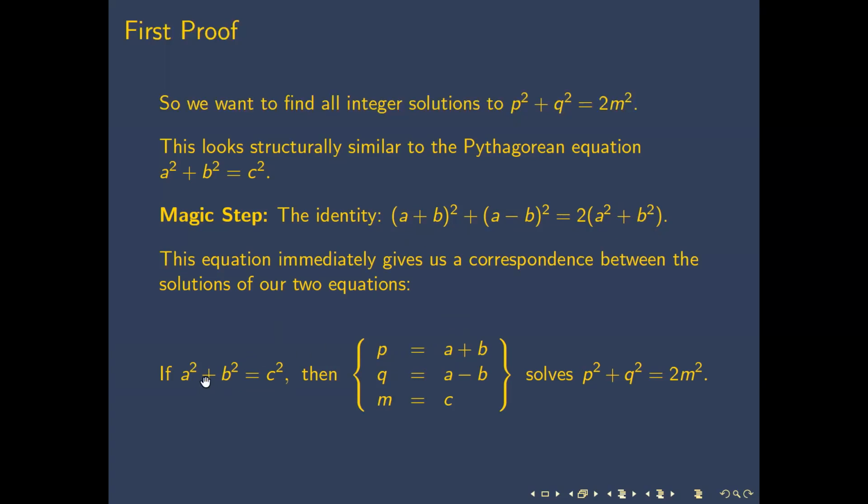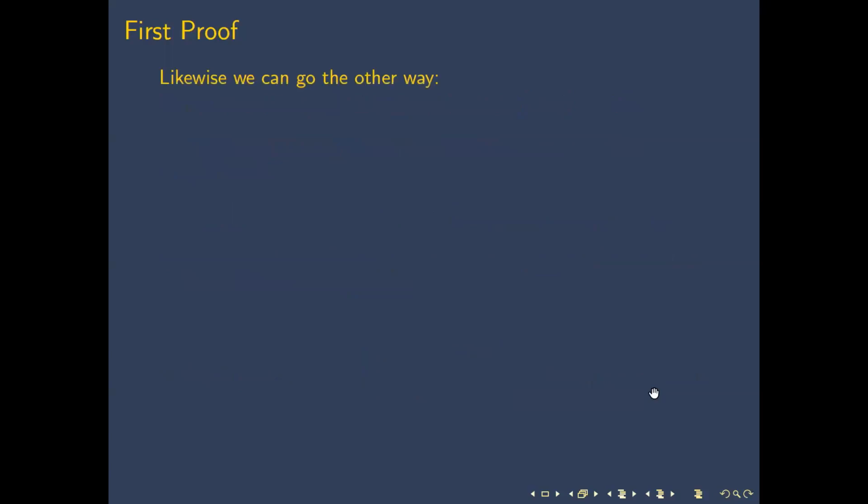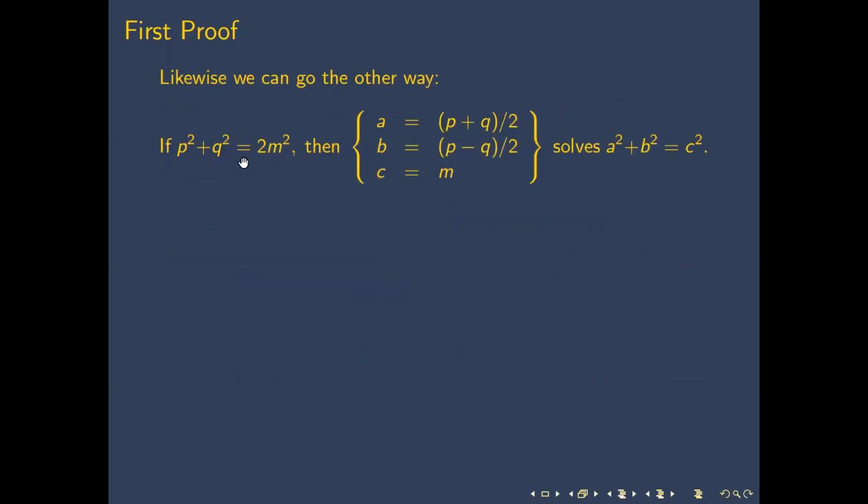So if you give me any Pythagorean triple, it gives me a solution to my factoring equation. And I can just as well reverse this. So if you give me any solution to the factoring equation, I can solve backwards for a, b, and c. Notice that if p and q solve this factoring equation, they have to have the same parity. So these will still be integers.